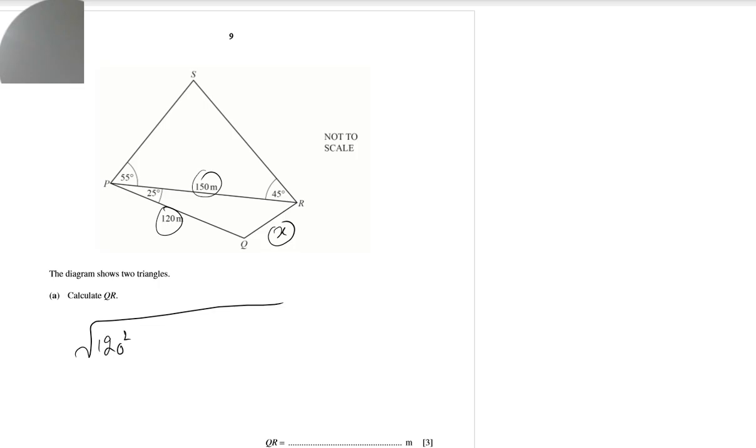So 120 square plus 150 square minus 2 into 120 into 150 into cos of 25. 65.367, 65.4.